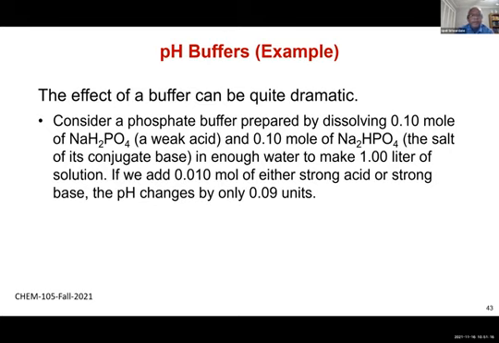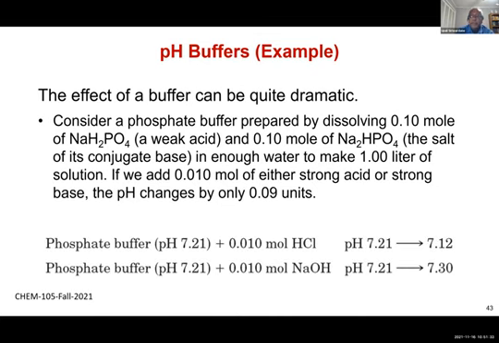A combination of these salts in water at a concentration of 0.1 M, when strong acid or strong base is added, changes the pH by only 0.09 units. So if you have a phosphate buffer, the pH is 7.21. We're going to talk about how to calculate the pH of a buffer in a minute.